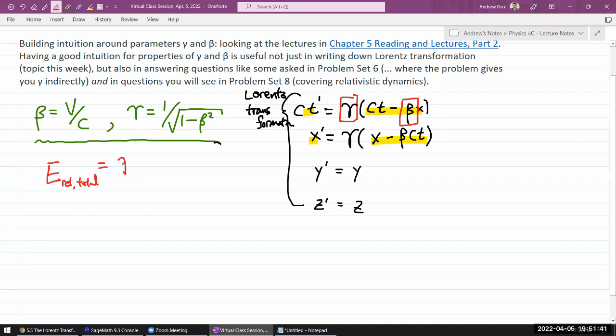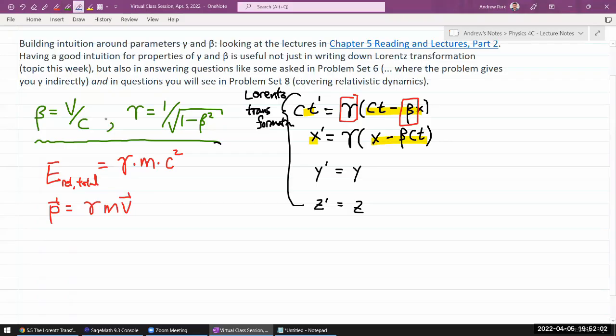That's given by gamma times the rest mass times c squared. That's it. That's our total energy. And the relativistic momentum will be gamma, the same gamma there, times m times the velocity v.